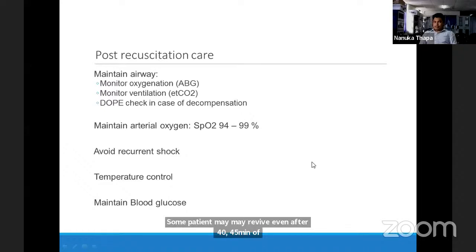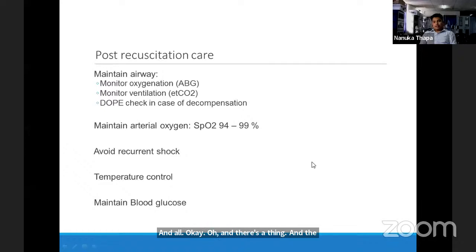The continuation or discontinuation of CPR has to be decided by the rescuers who are giving CPR, together with the attendants or the parents or whoever is there with the patient.